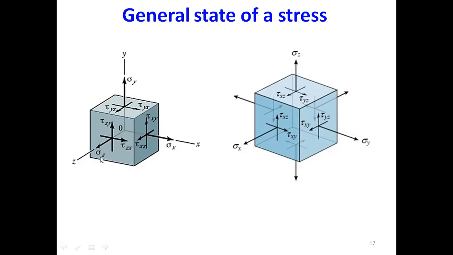Similarly, here this is sigma z and tau zx. The normal of the area is along the z-axis and the stress itself is along the x-axis, so tau zx. Similarly, you could look for all the shear components.